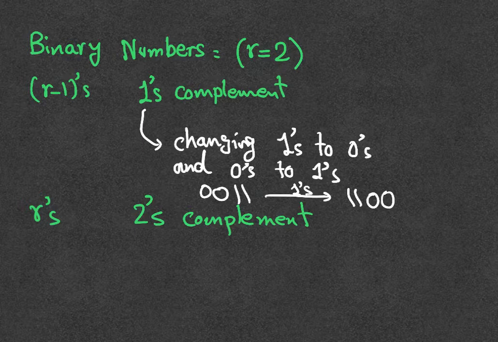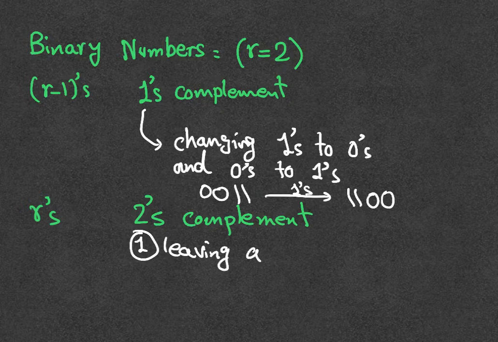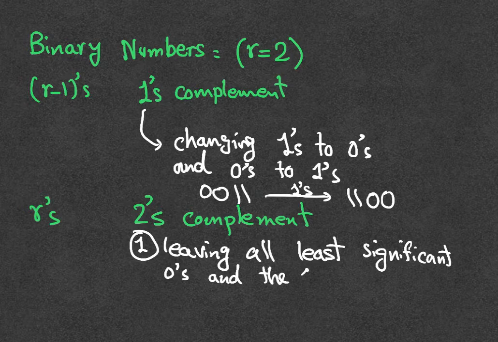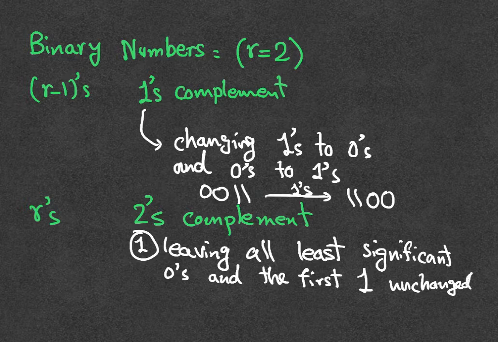For the 2's complement, there are two methods to find it. One: leave all the least significant zeros and the first one unchanged. Until you get the first one, you don't change it.